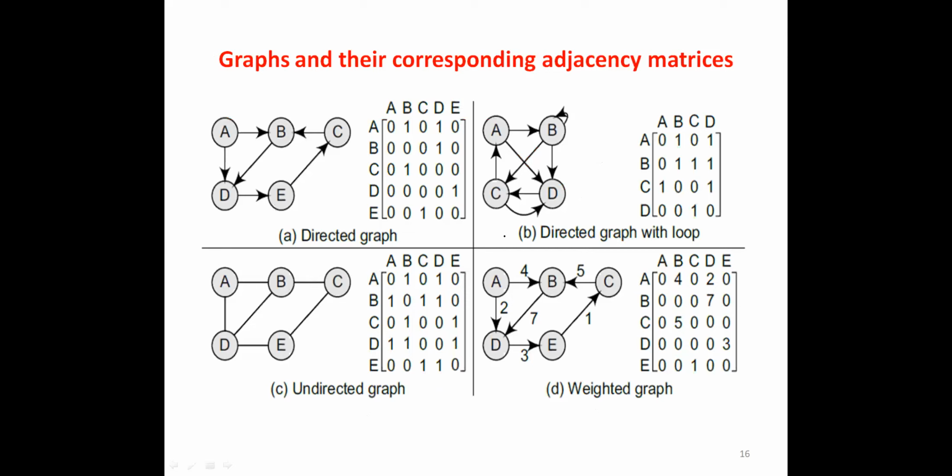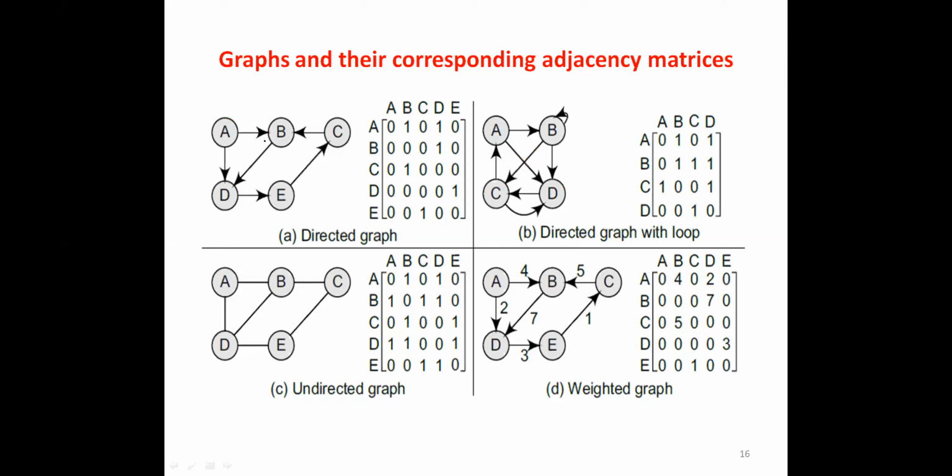So next is the graph and its corresponding adjacency matrix. This slide will show you a very clear picture of how the graph edges and vertices are stored in the adjacency matrix. We have taken different types of graphs also. The first one is a directed graph.